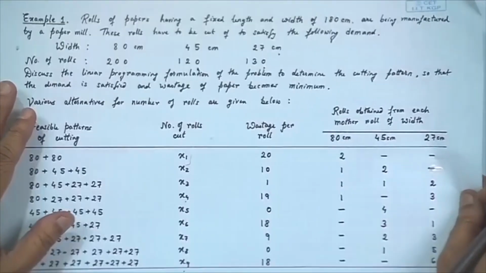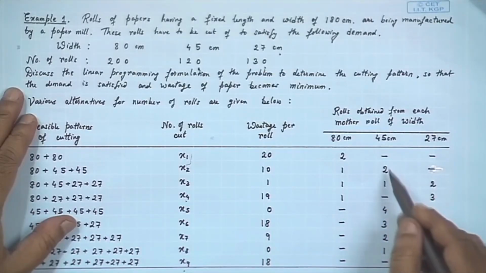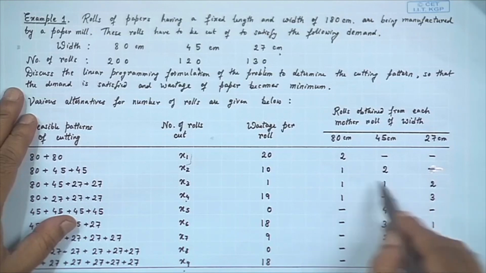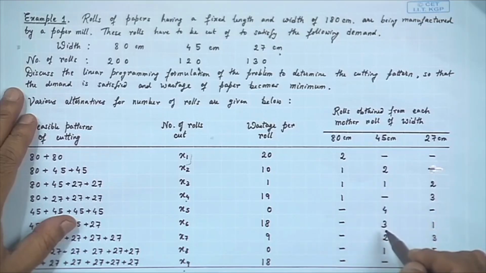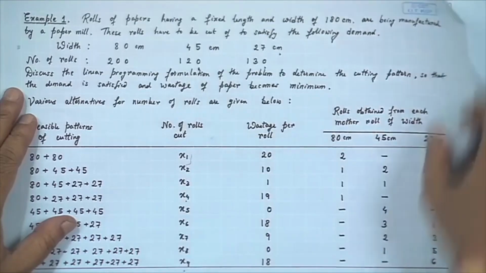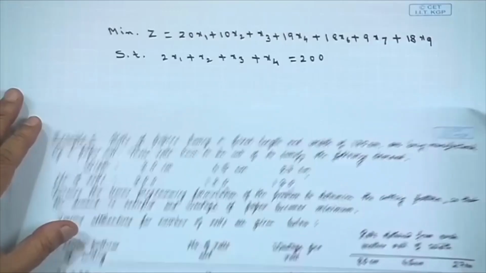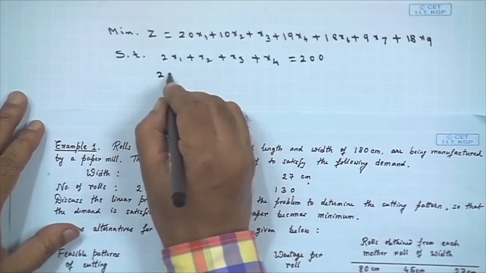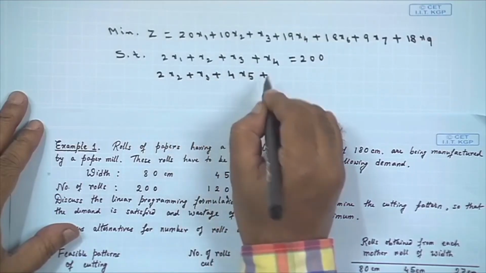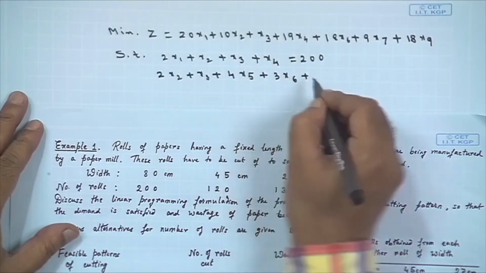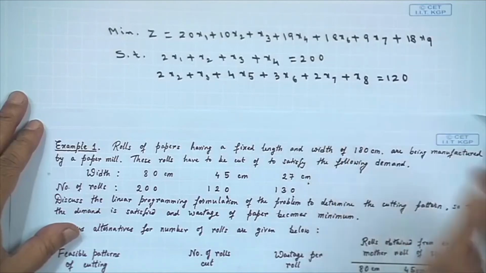In the same way, for 45 centimeter the number of rolls cut is given in this column, and from here I can also formulate the second constraint: 2 x2 plus x3 plus 4 x5 plus 3 x6 plus 2 x7 plus x8, and for 45 centimeter the total should be equal to 120.